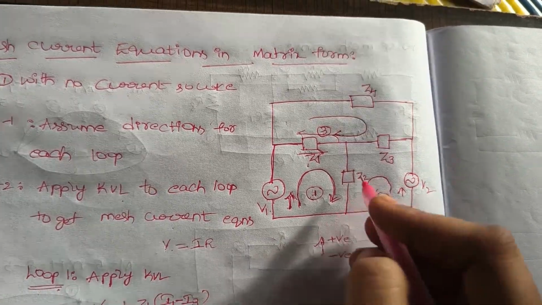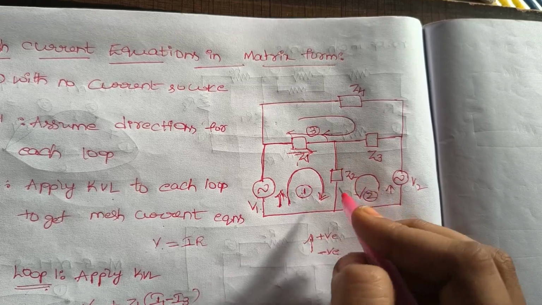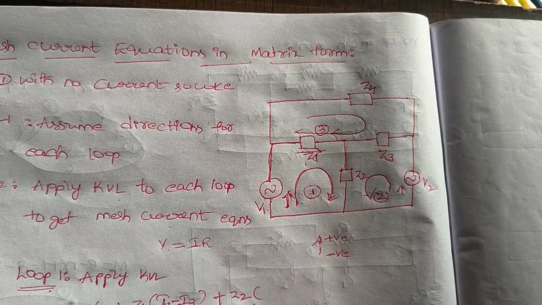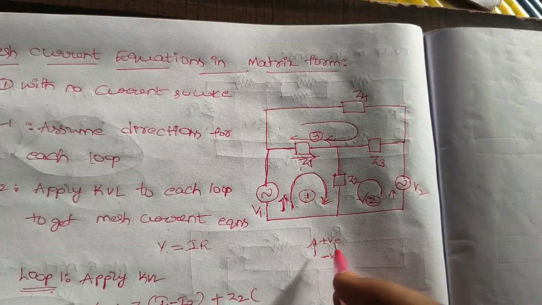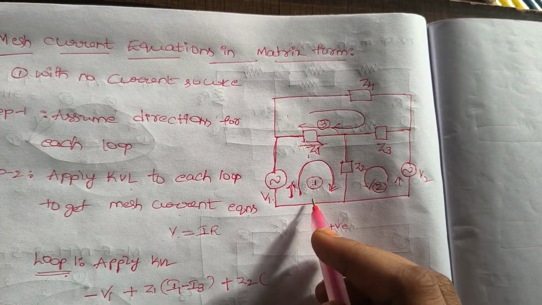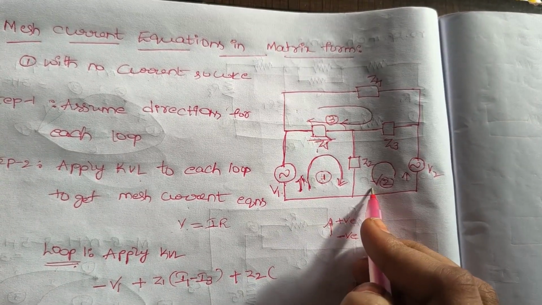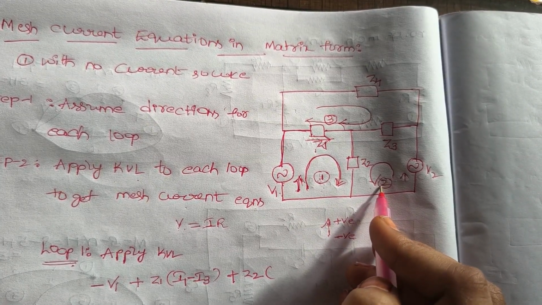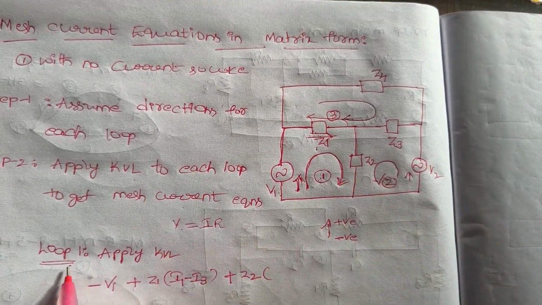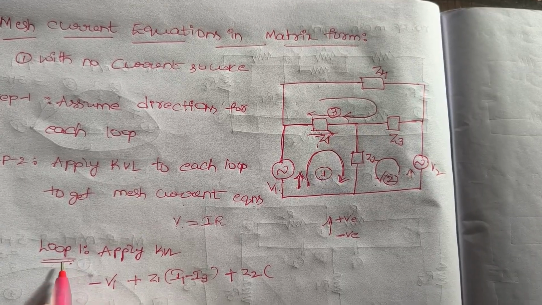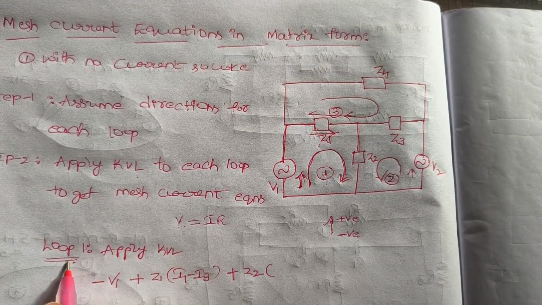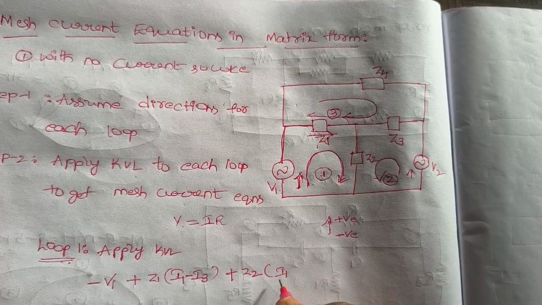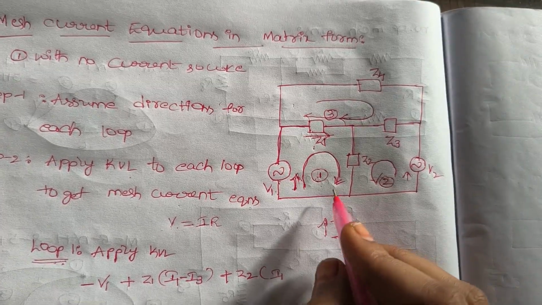Next, the current travels into the Z2 element. Z2 is the interconnection between loop 1 and loop 2. In loop 1, the I1 current is passing, and in loop 2, the I2 current is passing. First we write for loop 1: the current direction is I1, so we take I1 as positive.